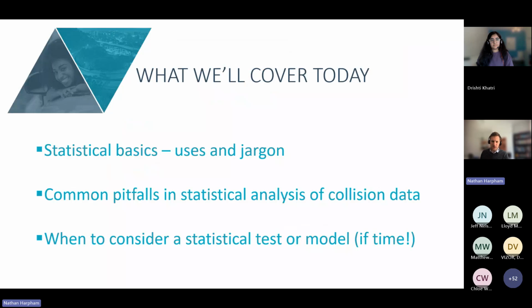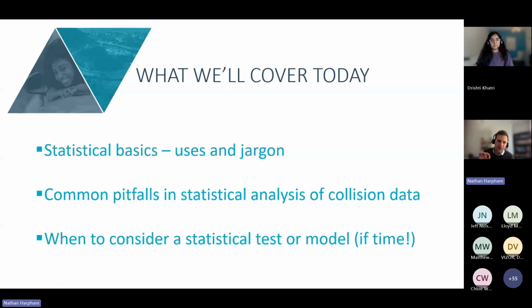Okay, so what are we going to cover today? So we'll look a little bit at some statistical basics. So we'll cover some uses of statistics and some jargon as well, and maybe what some of that jargon really means. Hopefully we'll break down some common pitfalls in statistical analysis of collision data, particularly pitfalls that relate to our field and challenges that we might have with collision data and how we need to be aware of those.